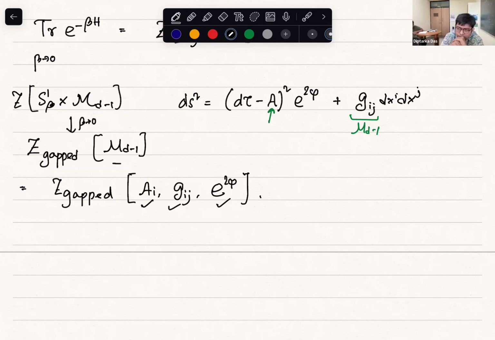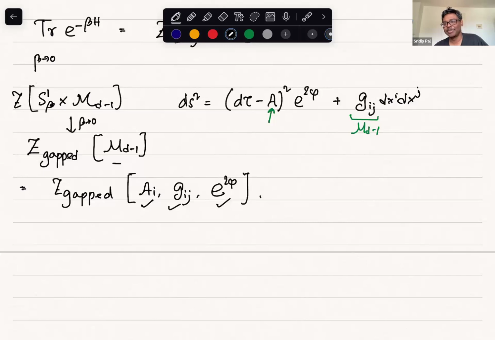But indeed, you can think of scenarios where M^(D-1) has boundary, and then the effective field theory will have some extra terms which come from these boundaries, which can also be gapless. And the idea is that here I am assuming this is gapped, but if there are gapless modes, it's not like everything falls apart.